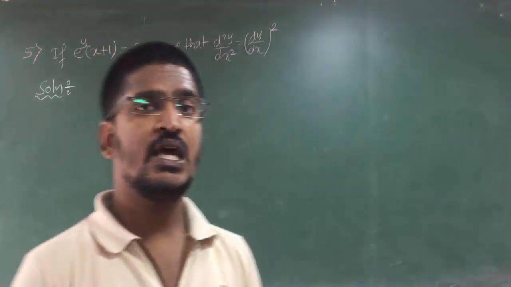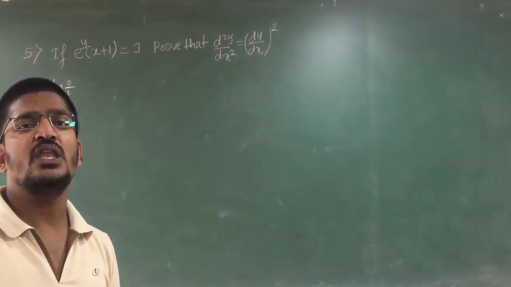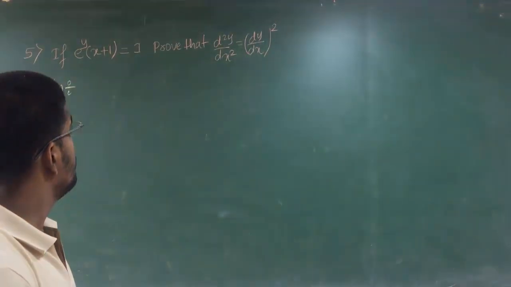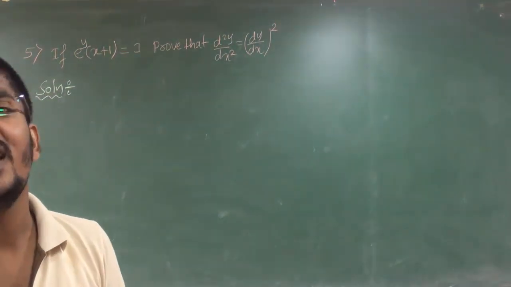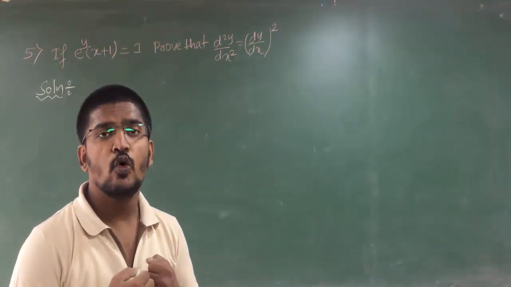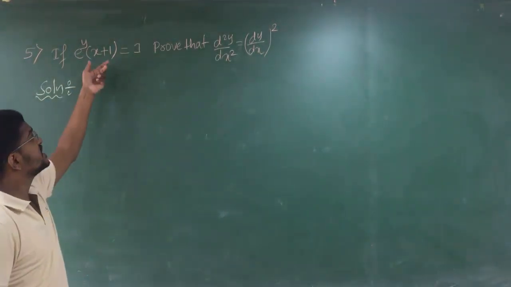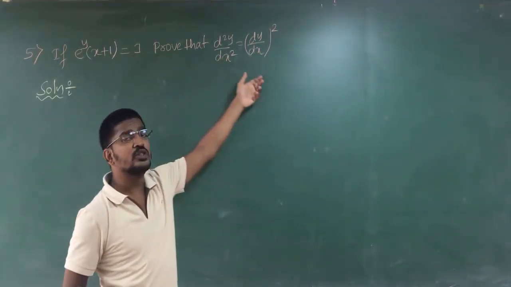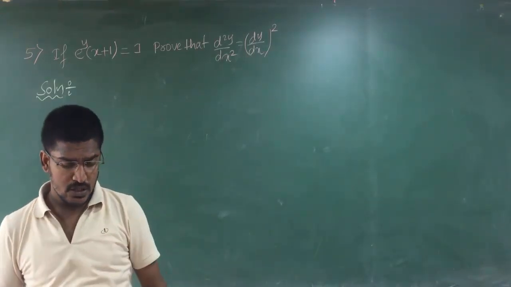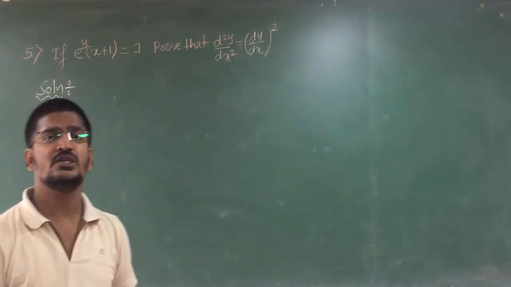That is, if e raised to y into x plus 1 equal to 1, then prove that d square y by dx square equals dy by dx whole square. Clear? So here this is given, you have to prove this. This is again a very simple problem if you know the formulas.